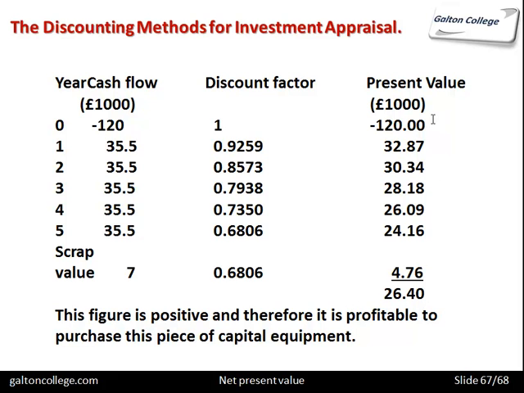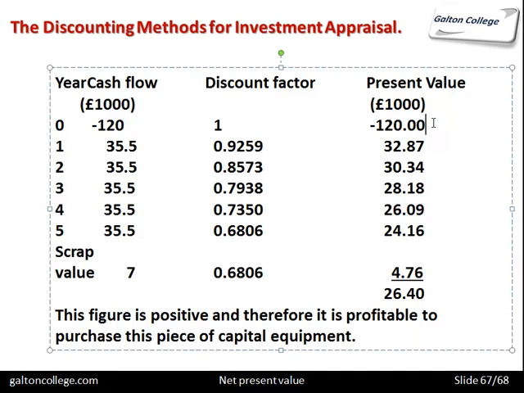If you add it all up, allowing for the minus 120 at the start, minus 120 plus 32.87 plus 30.34 plus 28.18 and so on, all the way, you'll find it comes to 26.4. This figure is positive, and therefore it's profitable to purchase this piece of capital equipment.